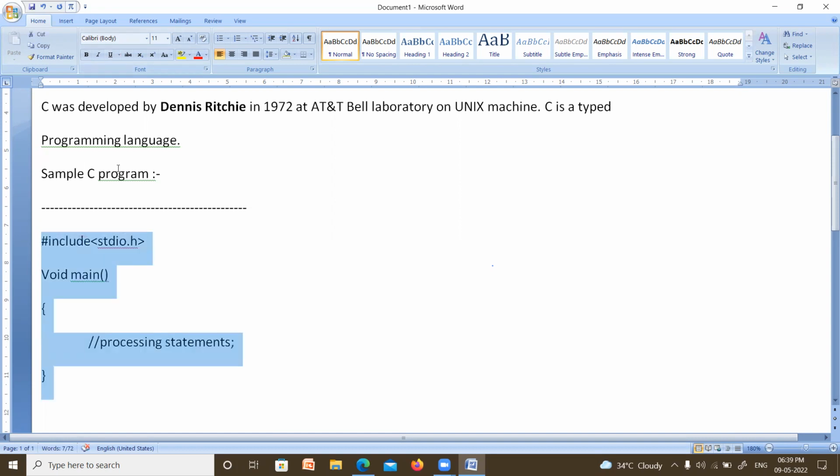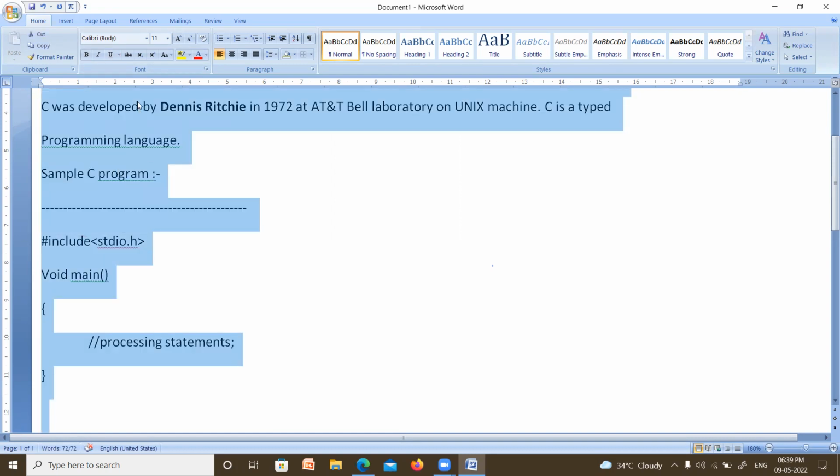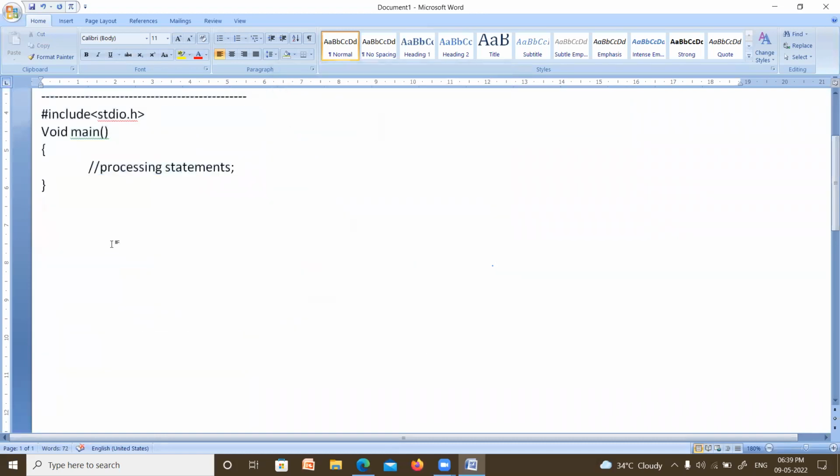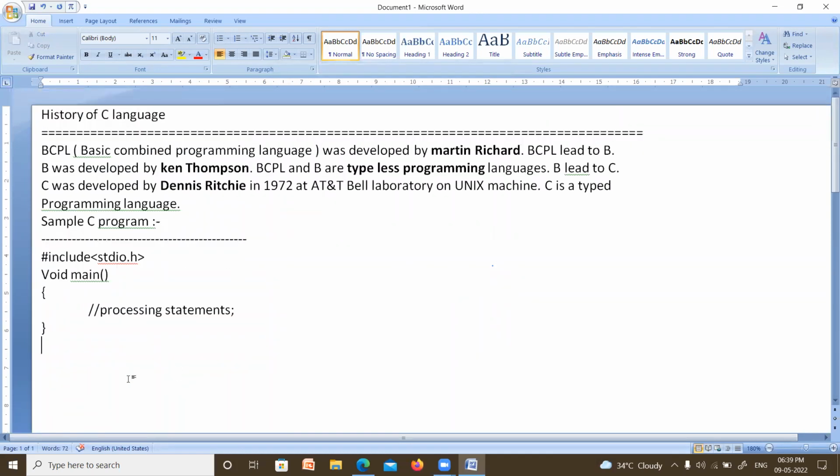Now this is the sample C program. This line is called an include statement.